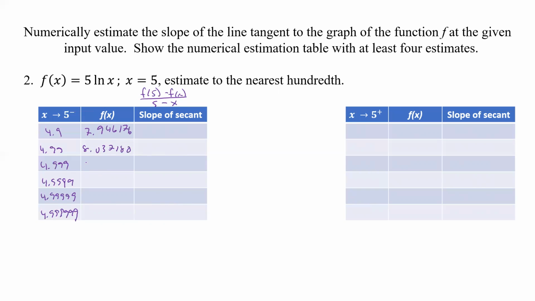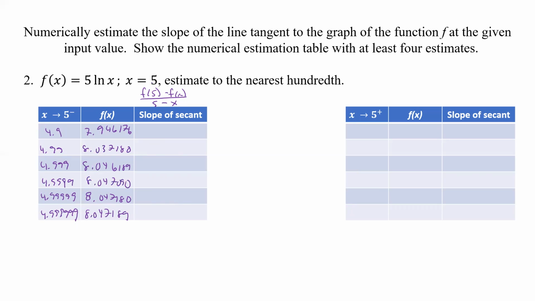And then we get 8.046189, and then we get 8.047090, and then we get 8.047180, and then we get 8.047189.